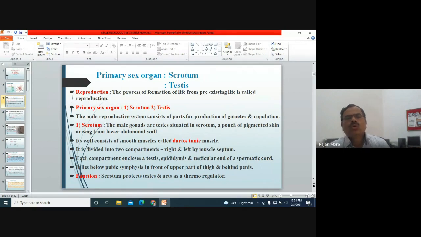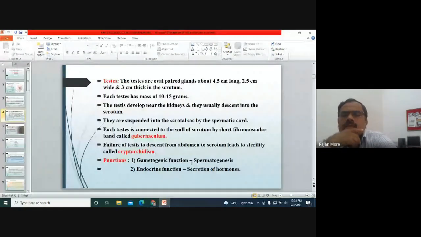First, you have to go for the definition of reproduction. Then, in short, information regarding the scrotum, that is where it is located, its structure, which muscles are attached to the scrotum, and the function of the scrotum. Again, information related to the location, the structure, and its functional role.